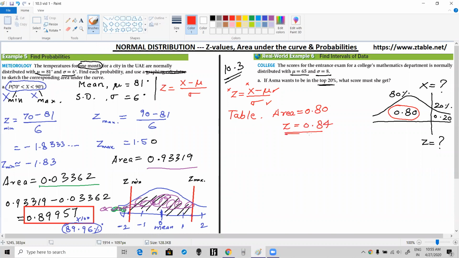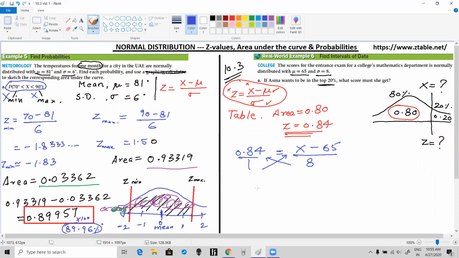Now I have the Z value, so I can put this in the rule which I have on the top. So it's going to be 0.84 equals X, the score which corresponds to the Z value, minus the mean, which is 65 in the question, divided by the standard deviation, which is 8. Now a simple cross multiplication.